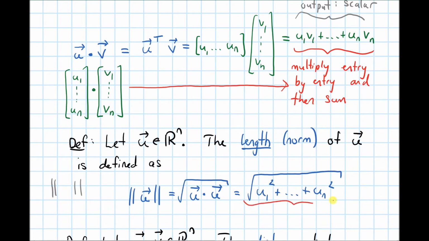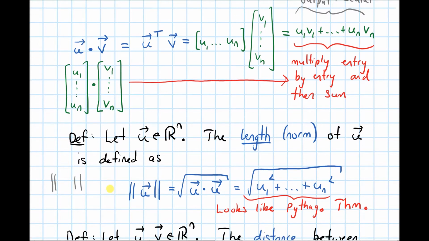Notice that this looks like the Pythagorean theorem. That's good, because we want this inner product to impose geometry on Rn, so it's good that the formula for length looks like what we'd expect from geometry in just R2 or in R3.